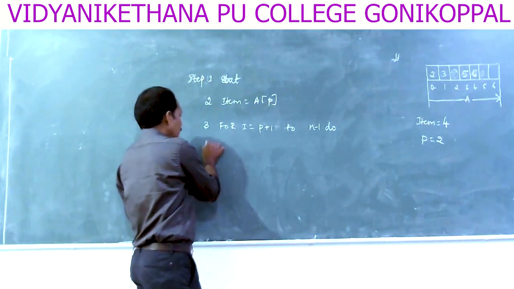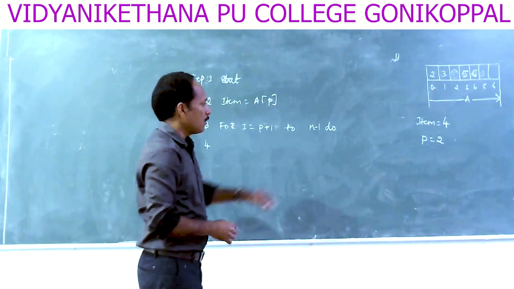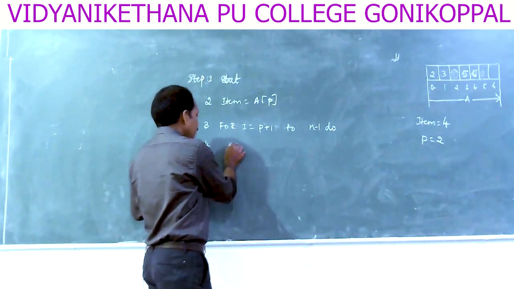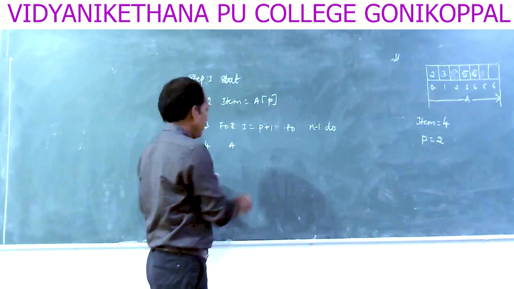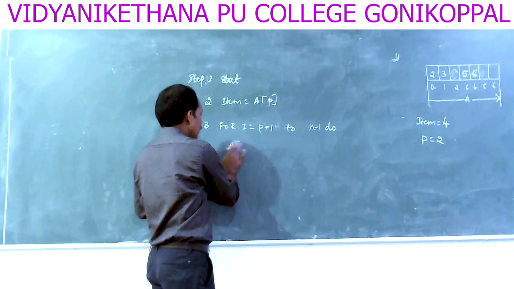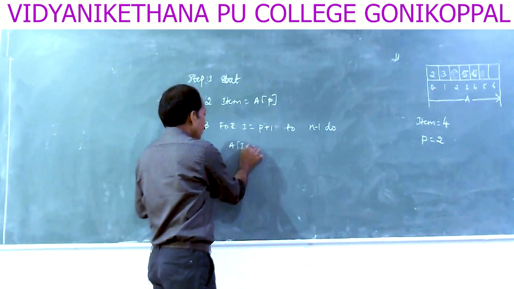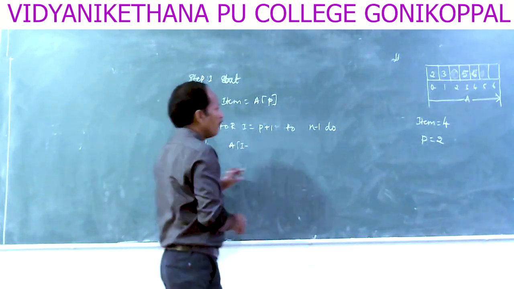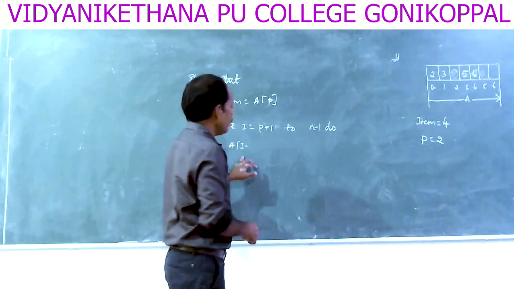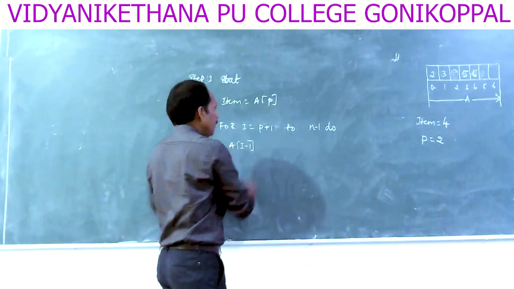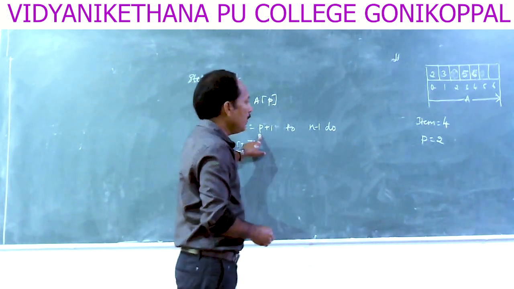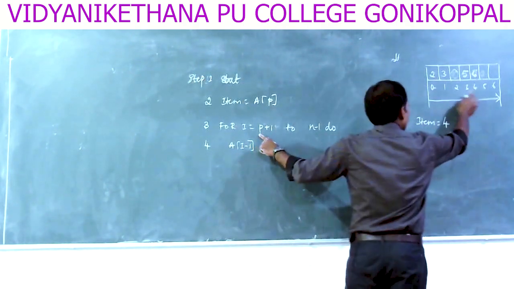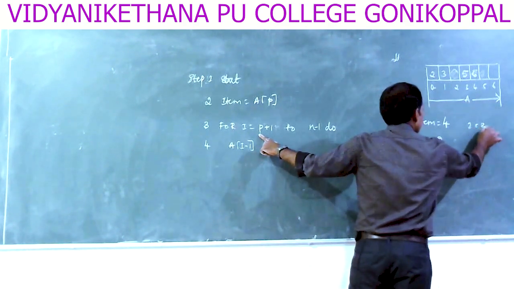Now follow. What is P plus 1 in this case? A of I will be copied to A of I minus 1. P means 2, so P plus 1 means now I is 3.